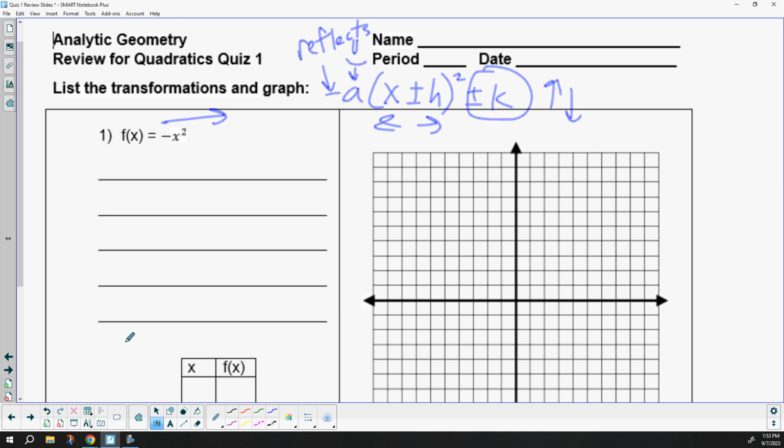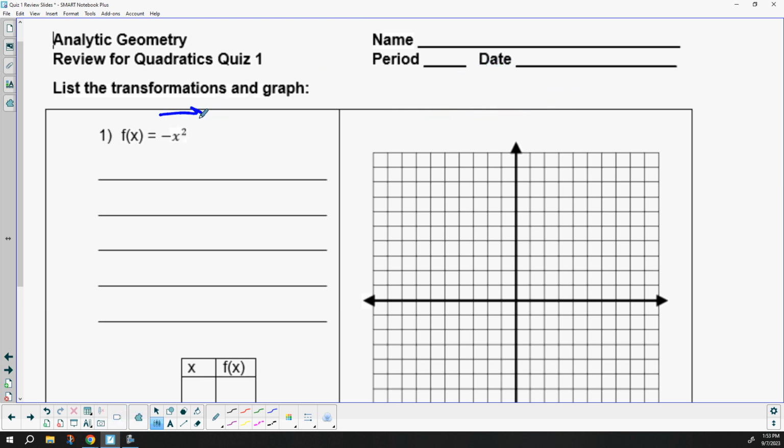So if I was reading this left to right, the first thing I come across is this negative, which means this whole equation is reflecting over the x-axis. That negative says it's reflecting over the x-axis.